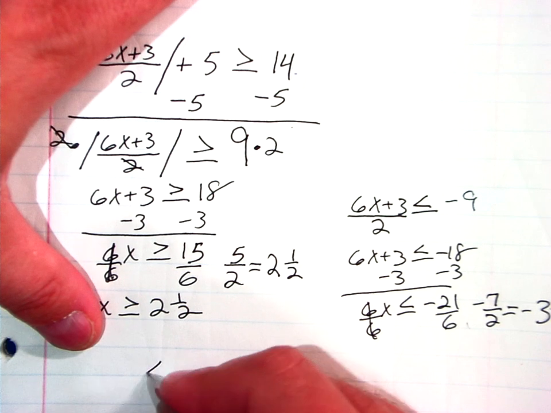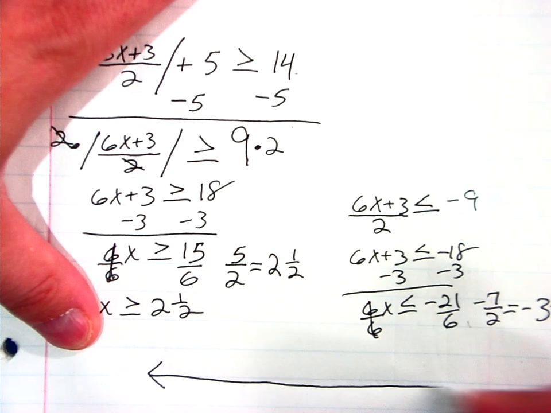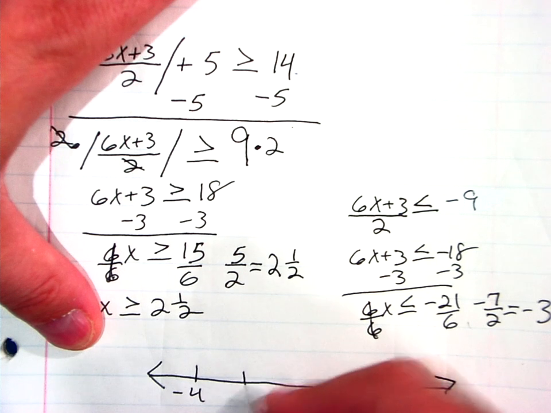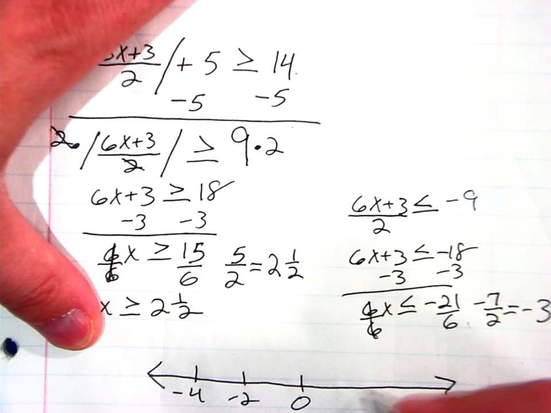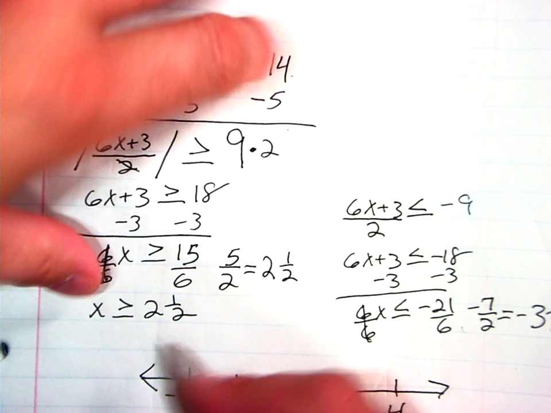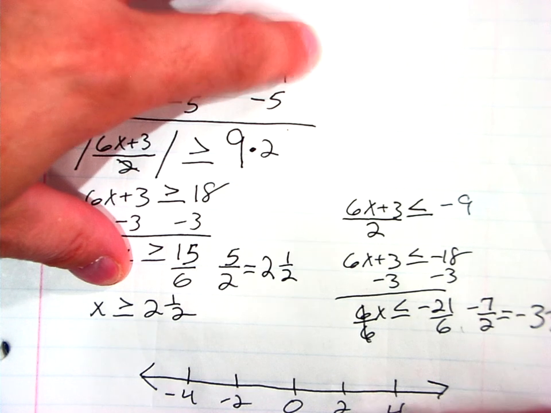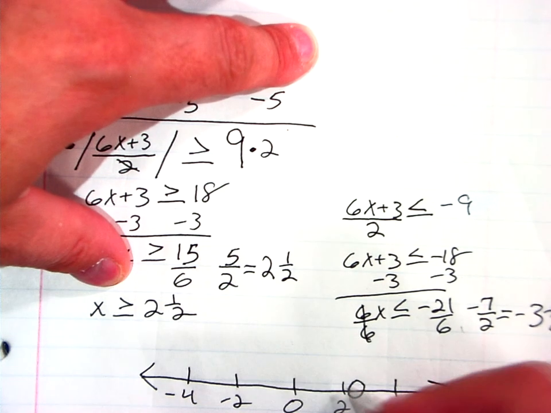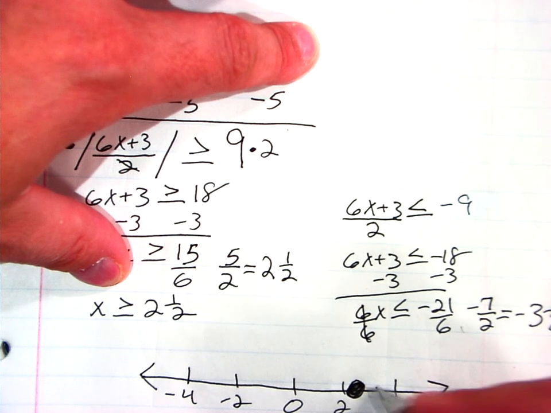So let's go ahead and graph this. Negative 4, negative 2, 0, 2, and 4. So I'm going to go to 2 and a half. I'm going to circle it. Now there's a line under it, so that tells me I have to shade it in. And then we're going to the right.